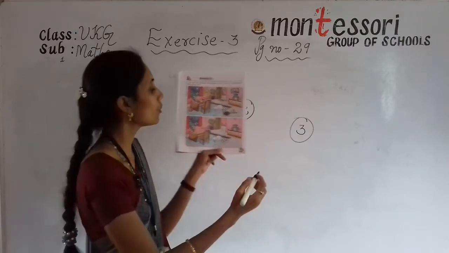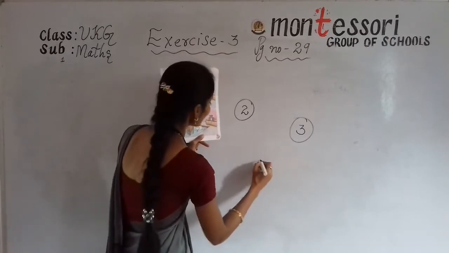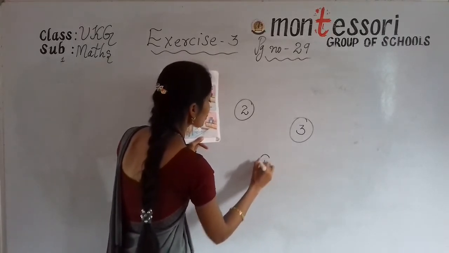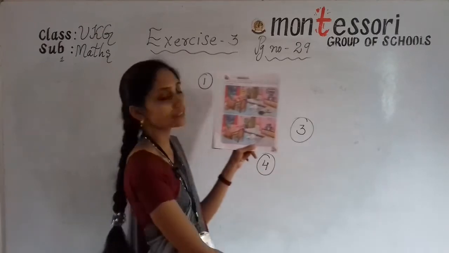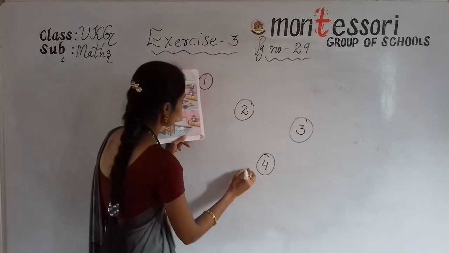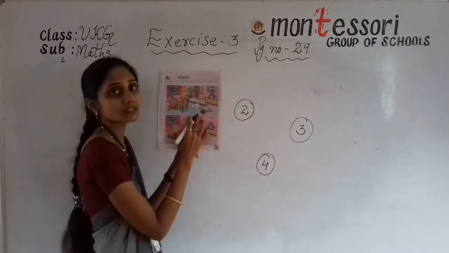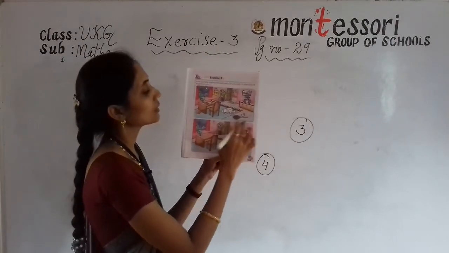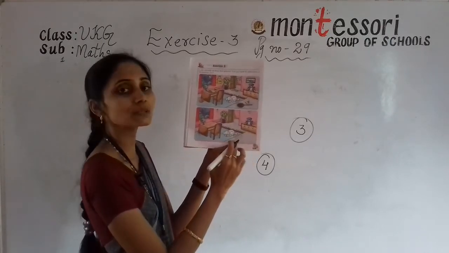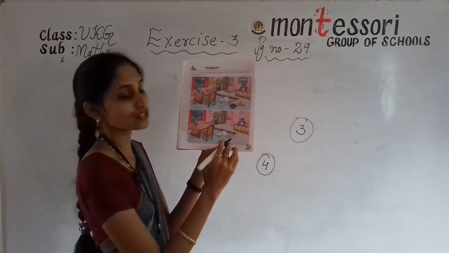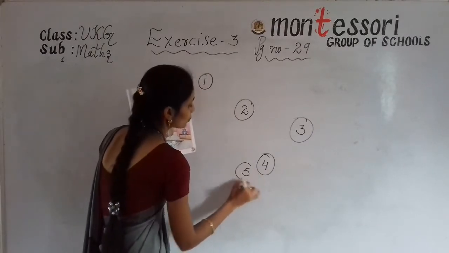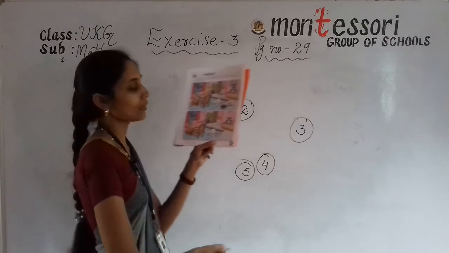No. So near the dog, in the place of the cock, you have to write number 4. Next to the 4, what is that? Shuttle bat. It is visible in the first picture, but it is not visible in the second picture. So near the 4, you have to write the number 5.